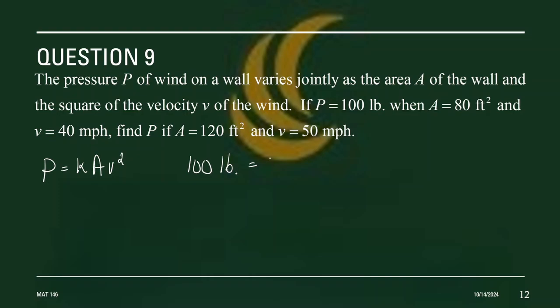When surface area is 80 square feet and speed of the wind is 40 miles per hour. 40 squared is 1600 times 80. 8 times 16. 8 times 6 is 48. 8 times 10 is 80.